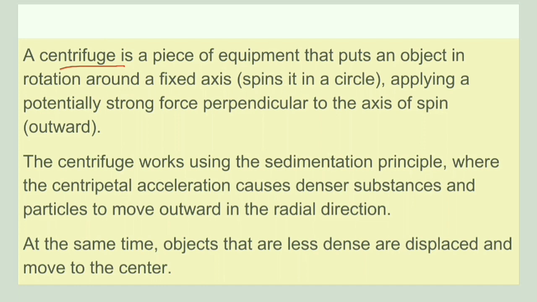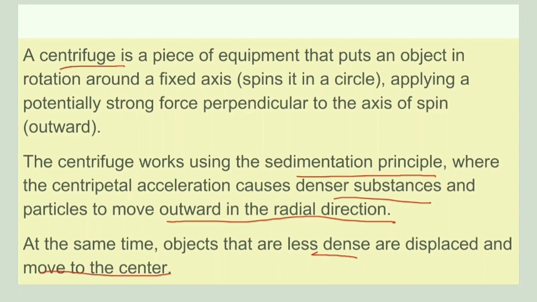A continuous rotation is given, and a perpendicular force is applied around the spin. This centrifuge works on the sedimentation principle, that is, the denser substances move outward in the radial direction, while the less dense move towards the center.